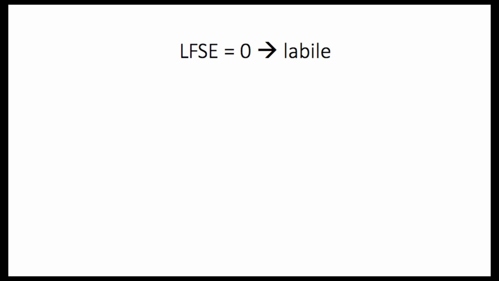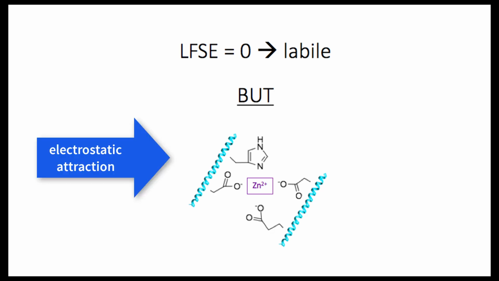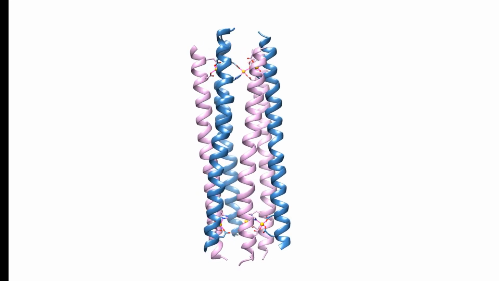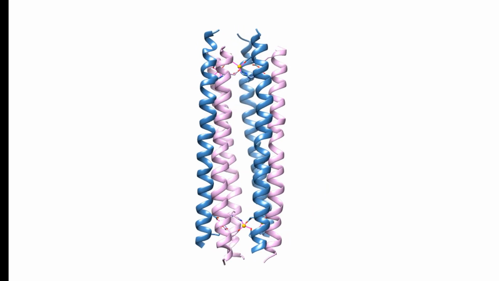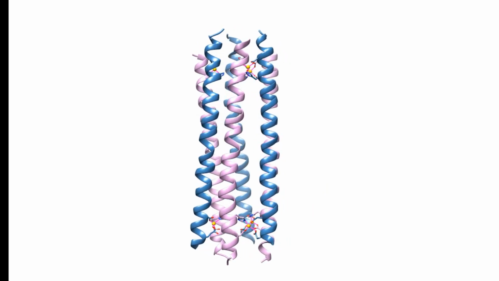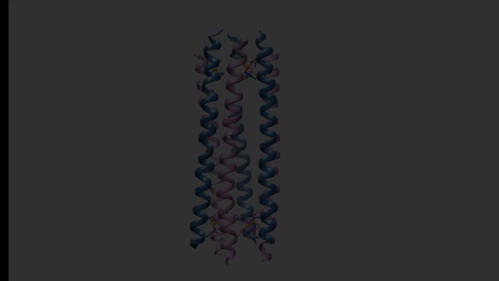However, the zinc 2+ metal ion's charge allows strong electrostatic attraction with the negatively charged ligands, resulting in the metal complex having more inert qualities compared to zinc 2+ coordinated to neutral ligands. The overall inert nature of the metal complex allows the dermcidin channel to remain structurally stable while it performs its antimicrobial function.